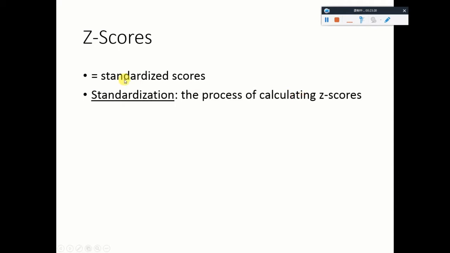So far, we sort of understand these names, but these definitions do not tell us much, right? So now we need to understand what z-scores really are. What do we mean by standardizing?